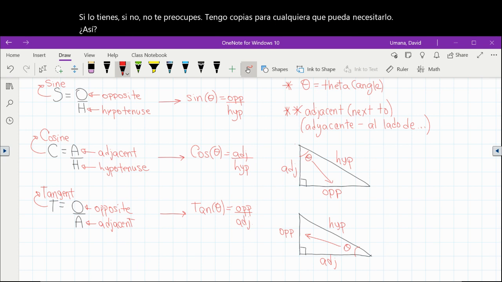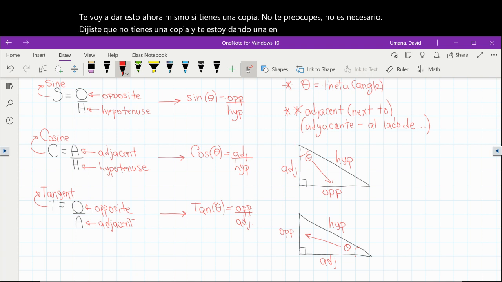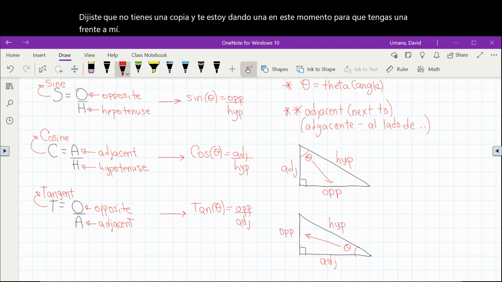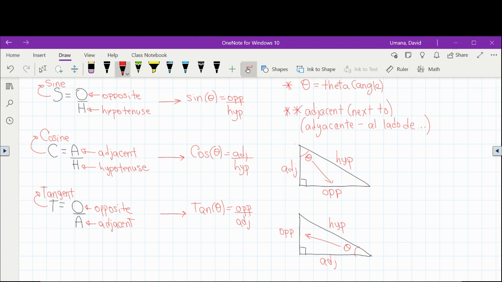I'm going to give you this right now. If you happen to have a copy, no worries. You don't need to use it. If you don't have a copy, then I'm giving you one right now, so you can have one in front of you. Double check.